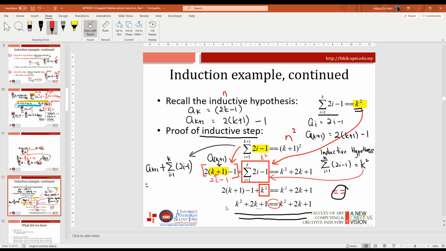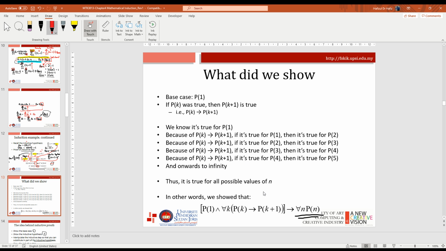We replaced, and we got 2k plus 1 minus 1 plus k to the power of 2 is equivalent to k to the power of 2 plus 2k plus 1. So this one is true because we got the same. In other words, we can show that P(1) is true, and for all k, P(k) implies P(k+1), which implies for all n, P(n).